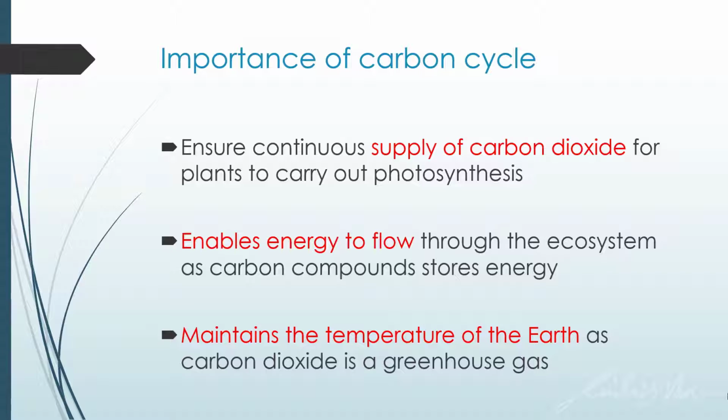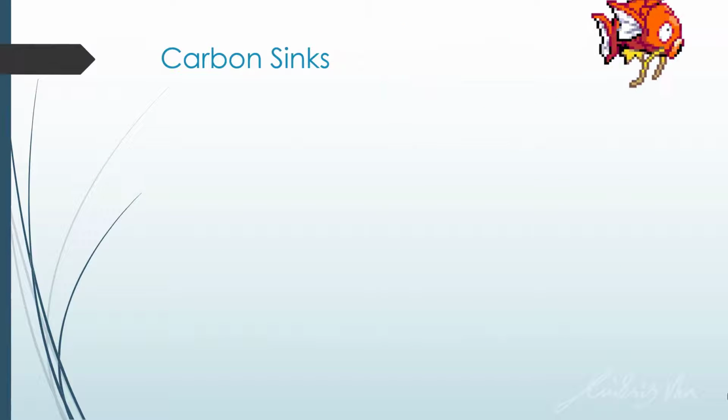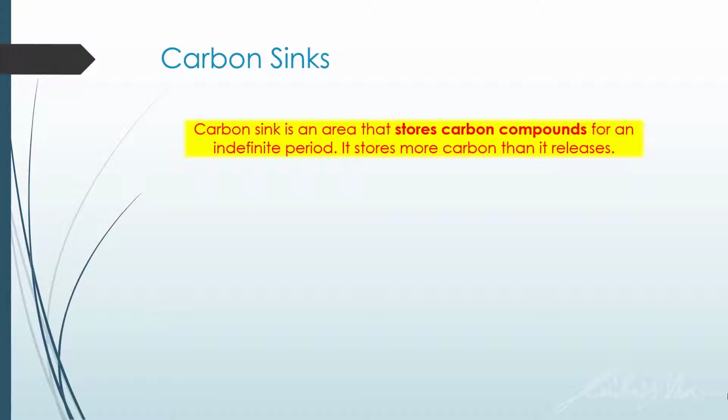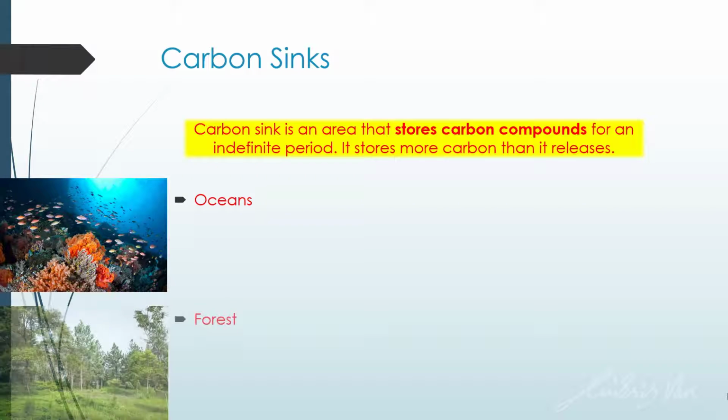So where do we store it? A carbon sink is an area that stores carbon compounds for an indefinite period. That means it stores them for a very long period of time. And a carbon sink will store more carbon than it releases. What are the examples? Ocean and forest.